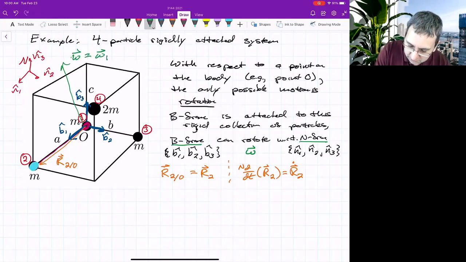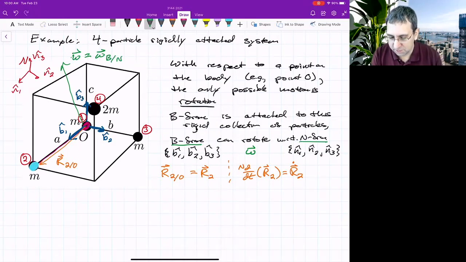In the terminology that we've developed, we do these little subscripts. So this is omega, the angular velocity vector of the B frame with respect to the N frame, meaning the B unit vectors, which form a triad of unit vectors, with respect to the N triad of unit vectors. So over here, what is this?